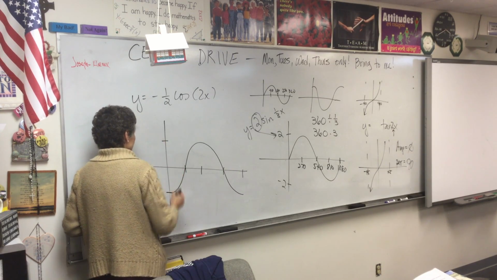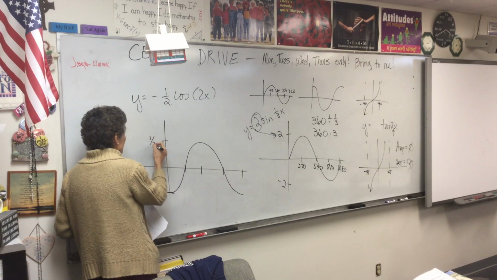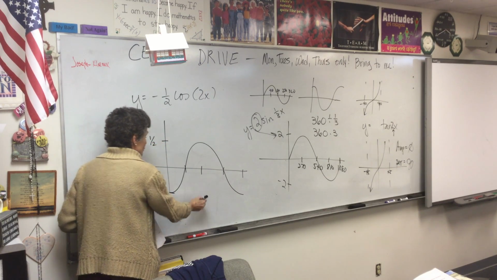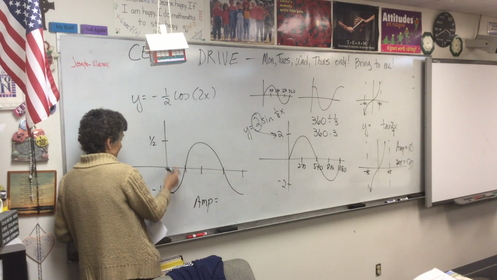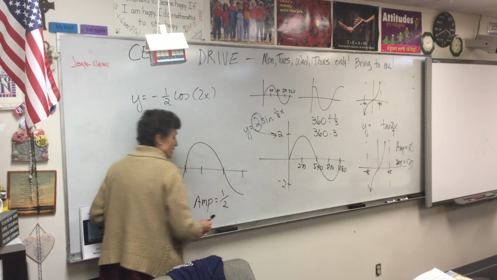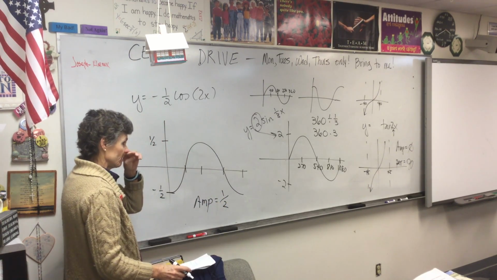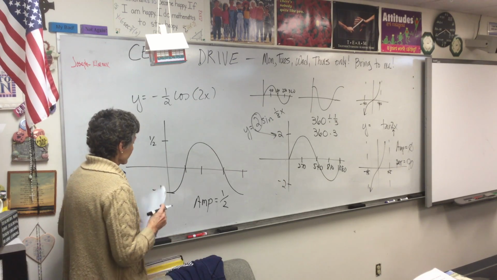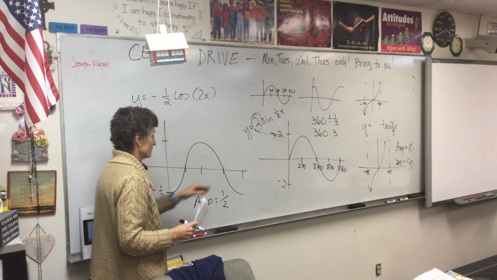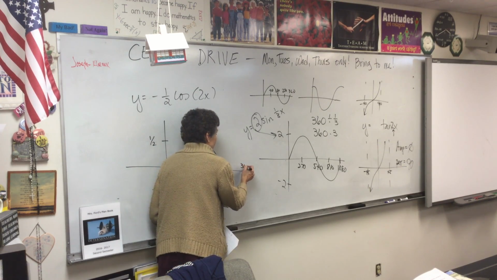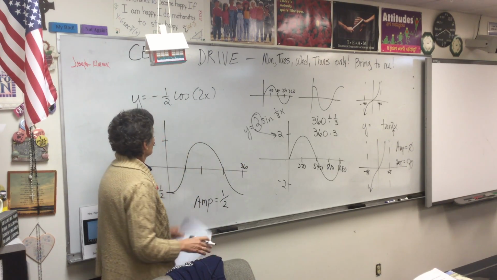So my amplitude is what? What's my height? 1/2. Good. That's your amplitude. It's your height. 1/2. Now, what's my period supposed to be? 360? But what did I do?